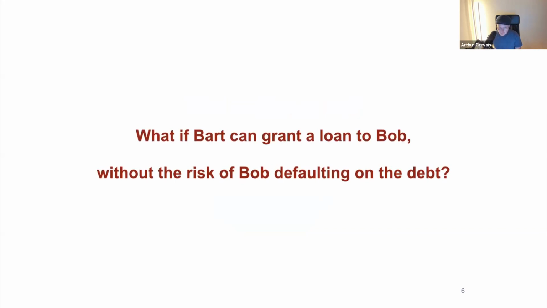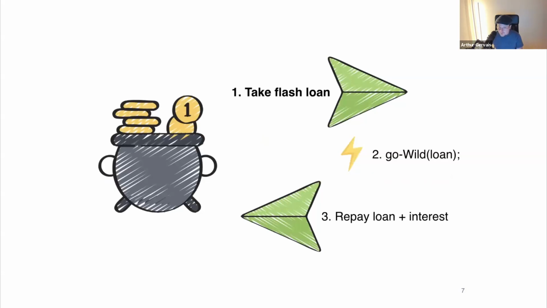So this brings us to the fundamental question: is there any way where Bart can grant a loan to Bob without the risk of Bob actually defaulting on the debt? And this is the idea of a flash loan that Sam already introduced. So you have this pot of money here. You take a flash loan out of this pot of money, and you call a function, go wild with this loan. You can do whatever you like. But then you have a third condition, which is to repay that loan plus some additional interest.